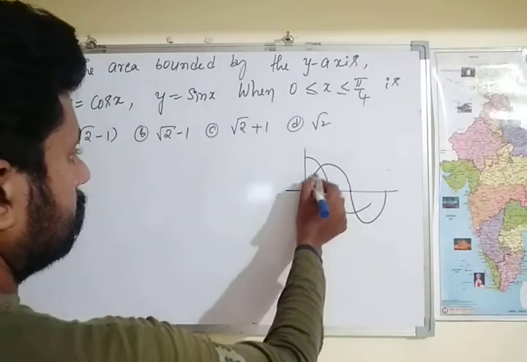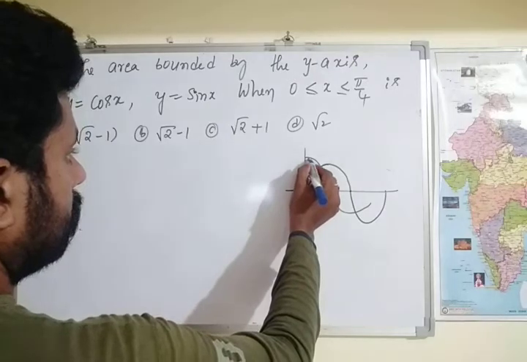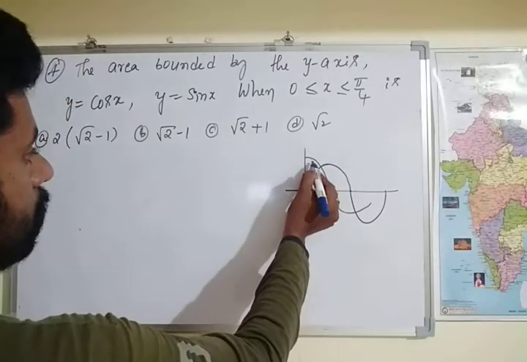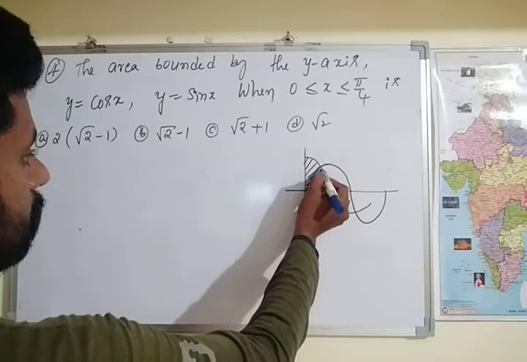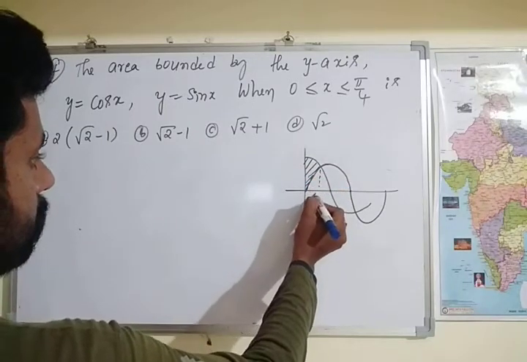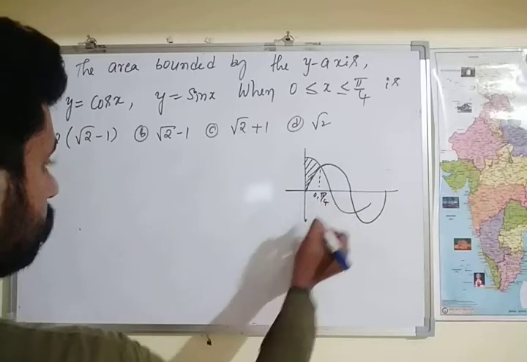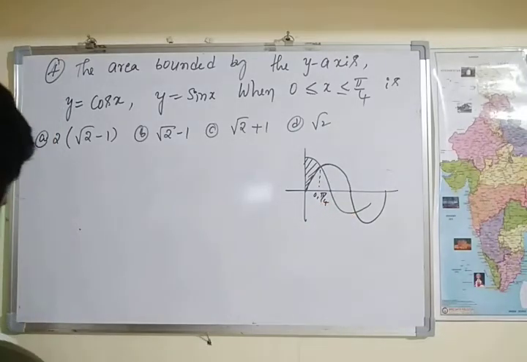See here, this is cos, this is sine. The intersection of these two curves, we get this point at pi by 4. This point we consider.